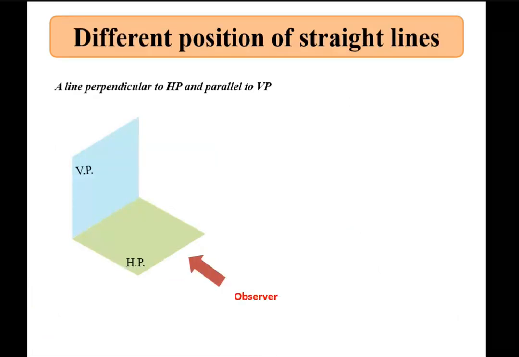Now coming to different positions of straight lines, and how to draw the projection. A line which is perpendicular to HP and parallel to VP. So how will its orientation be? A line which is perpendicular to the horizontal plane and parallel to VP. How will it look?